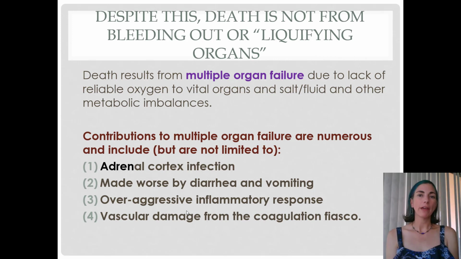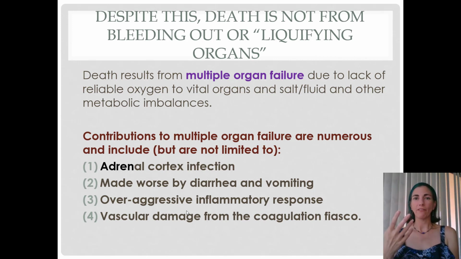For those of you that have been through physiology, you'll know that the adrenal cortex secretes both cortisol and also aldosterone. And aldosterone is really important for keeping your salts and fluids in your blood. Without aldosterone, you lose too much via urine, and so your blood pressure drops to dangerously low levels. The fact that you have diarrhea and vomiting only makes that worse.